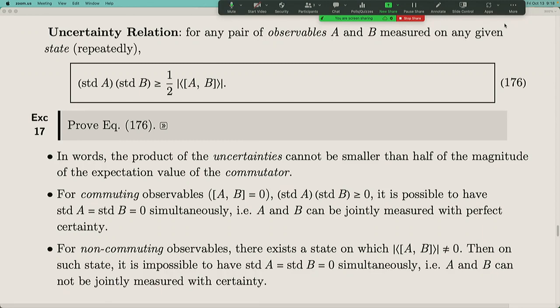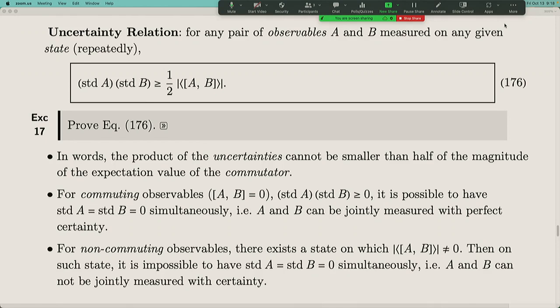What does this relation tell us? If A and B are two observables and you make many measurements, every time you measure A and also measure B, you collect a point. These points form a cloud, and the uncertainty relation is about the region of this probability distribution of the values of A and B. What's the area of this cloud?